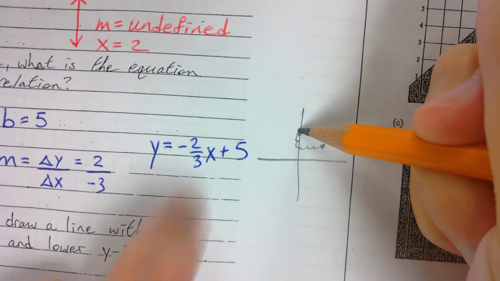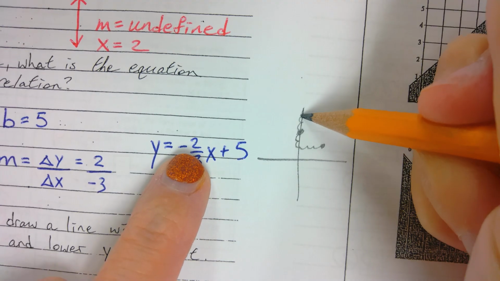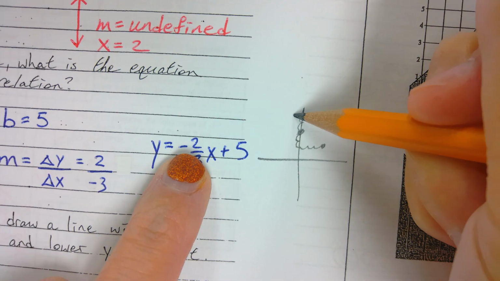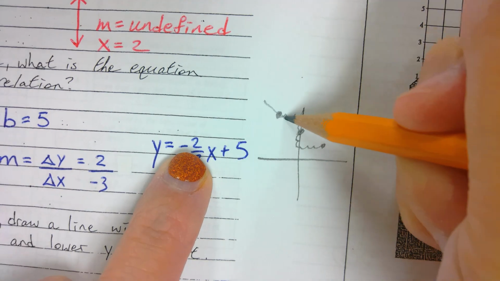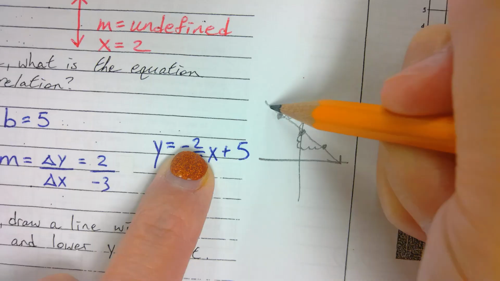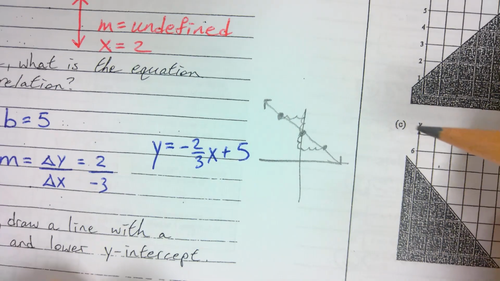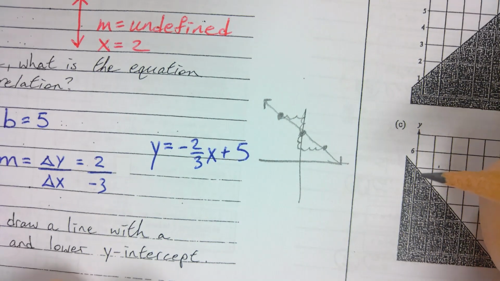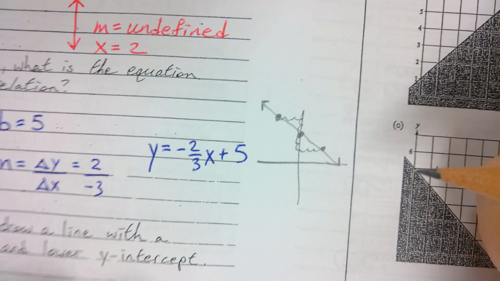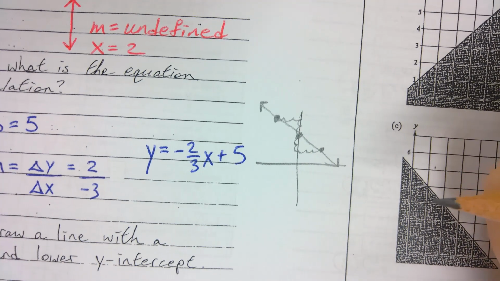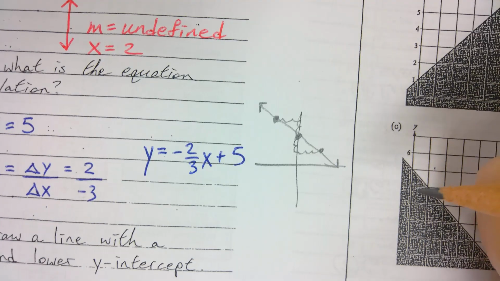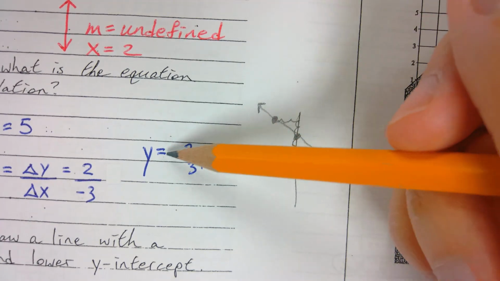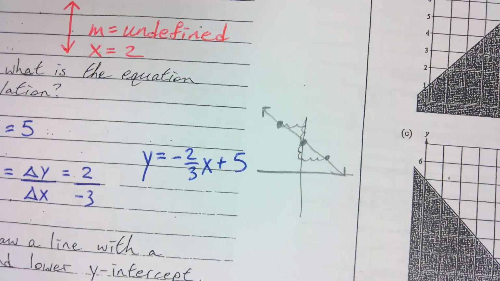Or I can say up 2 because positive 2, and then -3 means 3 to the left. And so you see, you still get the same line. Yes, no, maybe? Okay, yeah. Does it not matter with the 2 negative and 3 negative? Doesn't matter. It's just that usually we put that negative in the numerator.